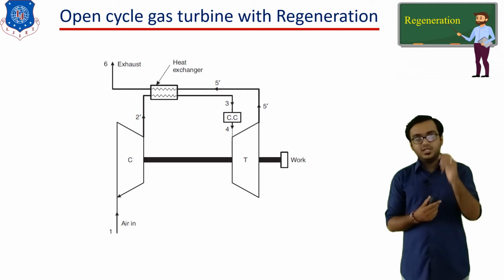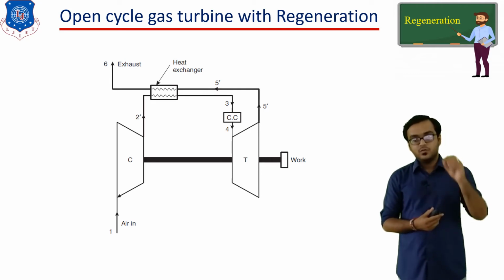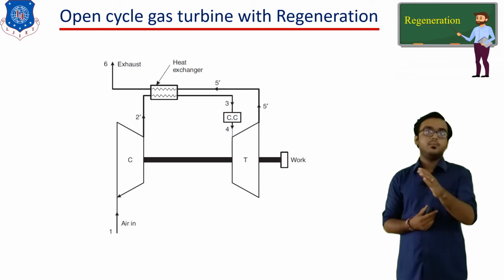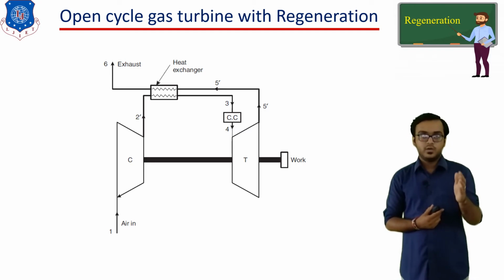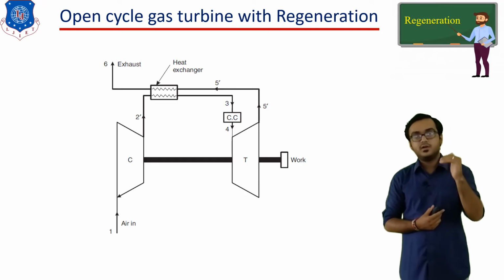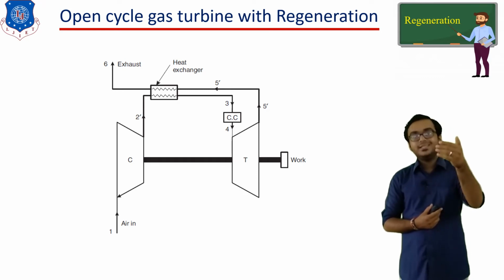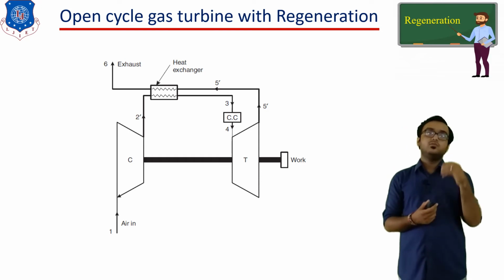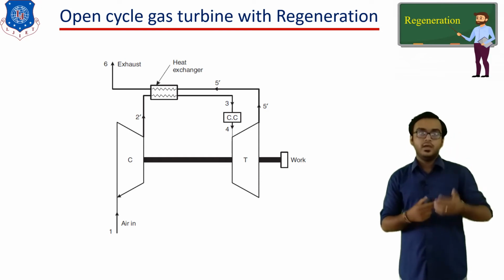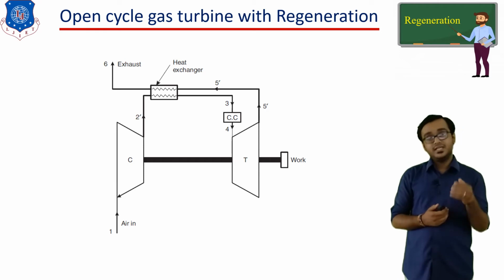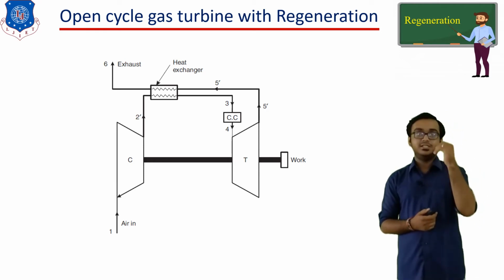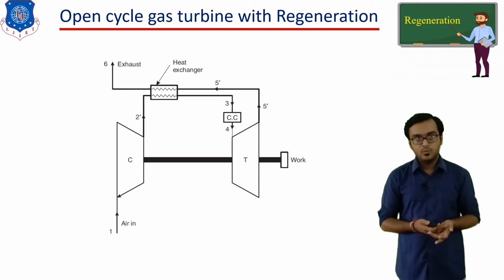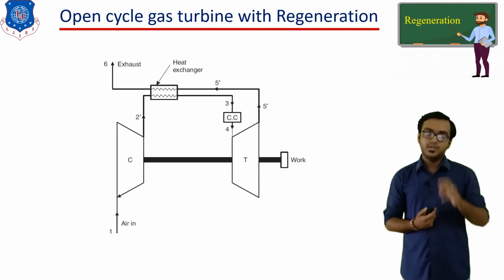So ultimately, in regeneration we are providing one additional heat exchanger between the combustion chamber and the compressor, in which heat transfer occurs from the exhaust gas to the incoming gas, and that's why the fuel economy improves. Heat input is reduced, and obviously the efficiency is improved. So that is all about regeneration.